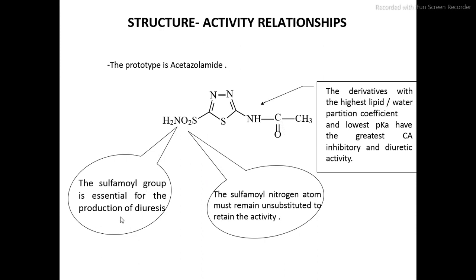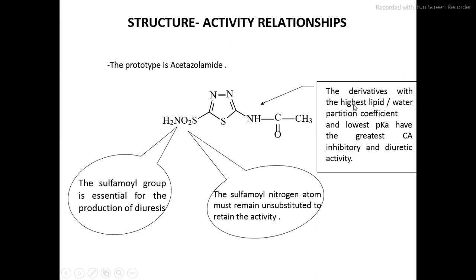The sulfamoyl group is essential for the production of diuresis, as we have already seen earlier. The sulfamoyl nitrogen atom must remain unsubstituted for better carbonic anhydrase inhibition activity.